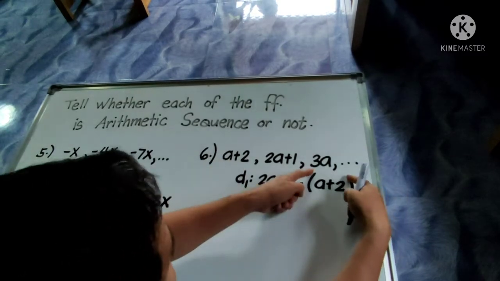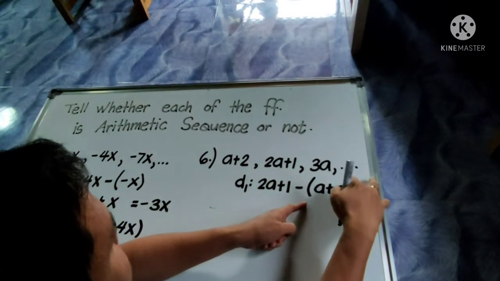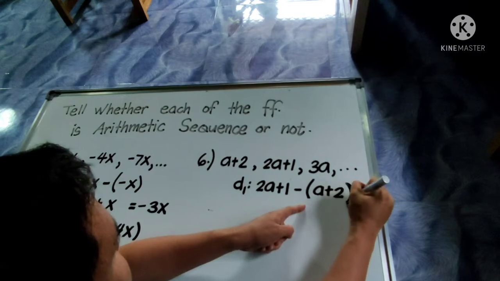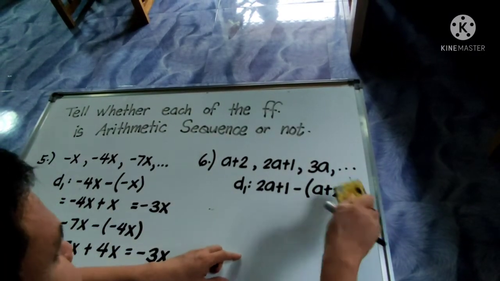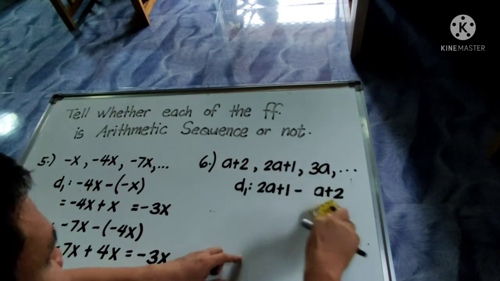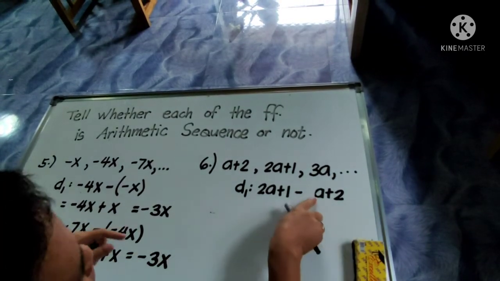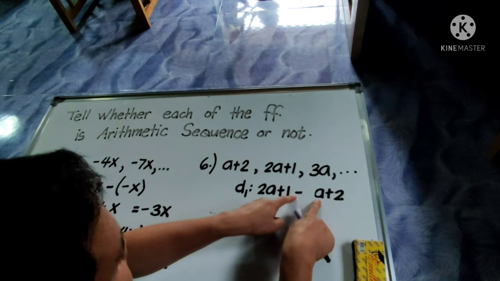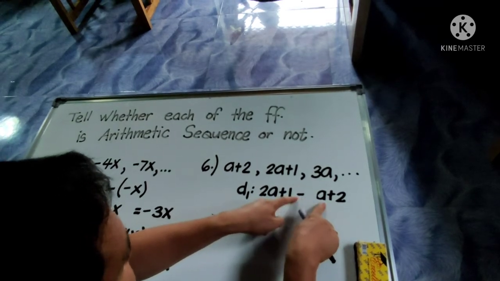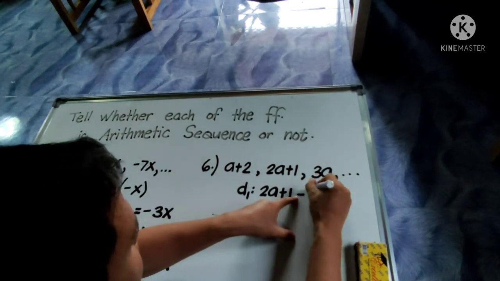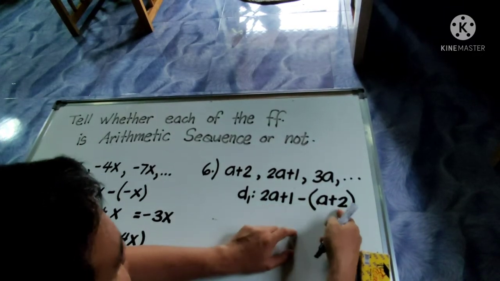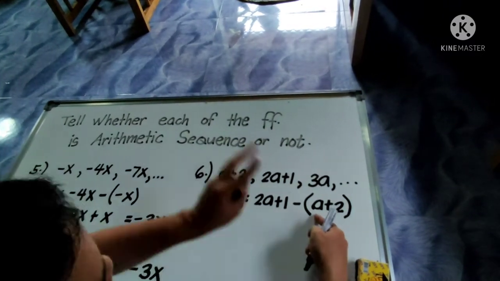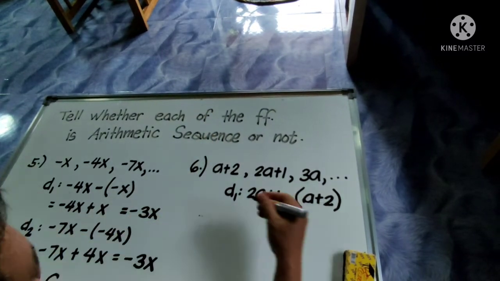Because if you remove the parentheses, it would have a different meaning. If you remove the parentheses, it's like only a has the negative sign. So you have to enclose it in parentheses because the term is represented by a binomial. So it's really a binomial.